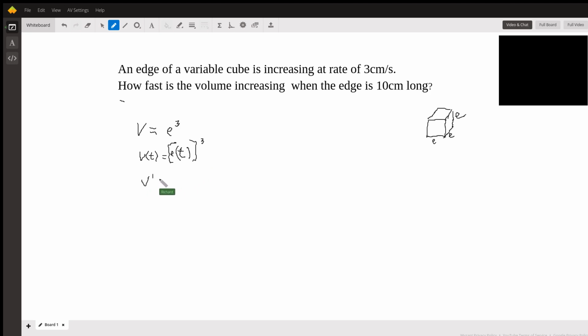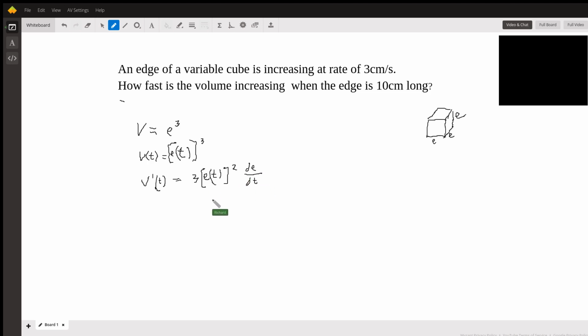So V prime, just differentiating here, is going to be 3 times E of t squared times dE dt. Or instead of writing dE dt, I could write E prime here, if that is easier for you, depending on the notation that you prefer. Okay, so this is just chain rule here.